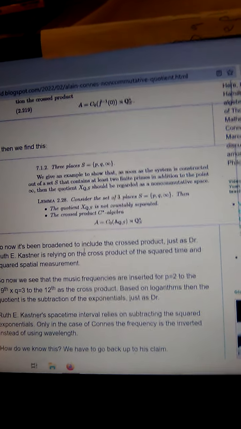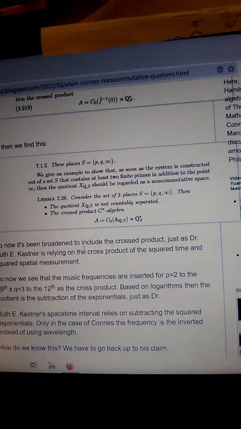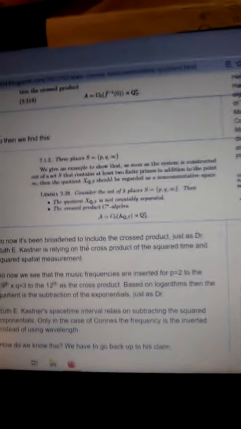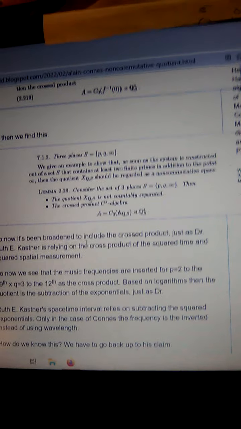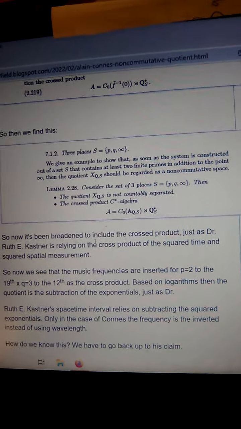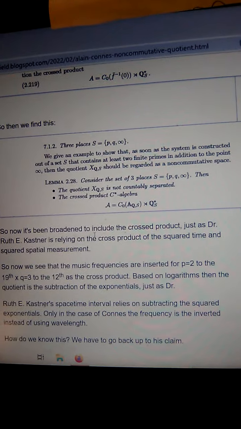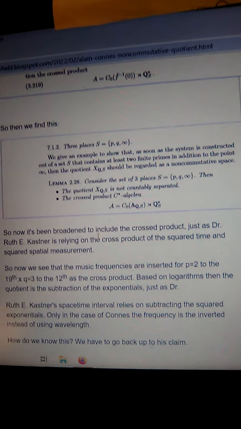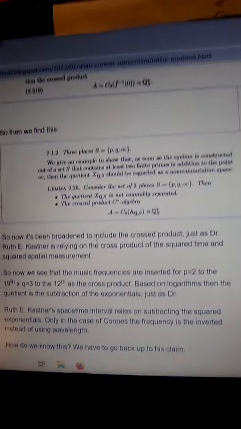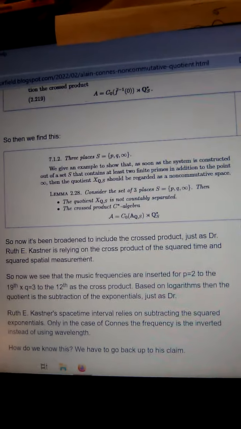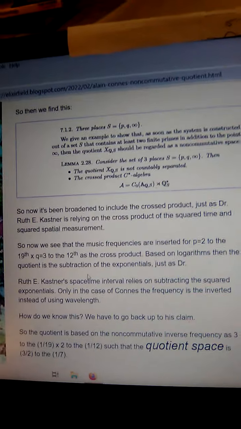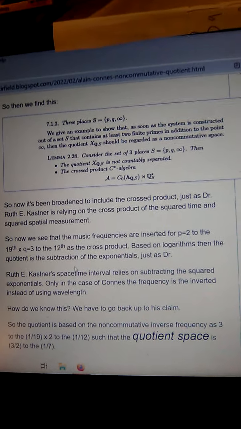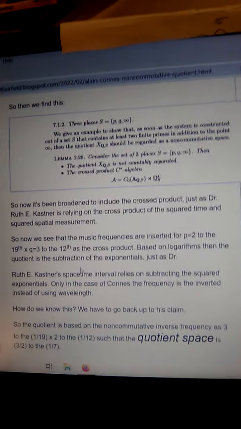that quotient is based on those discrete music ratios. So in this case it's 2 to the 19th and 3 to the 12th, and then the inverse is 3 to the 1/12th and 3 to the 1/19th and 2 to the 12th.